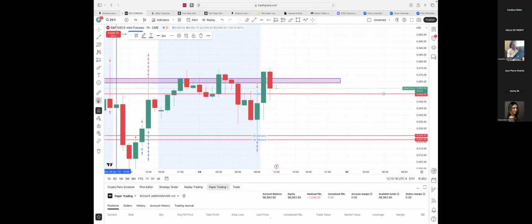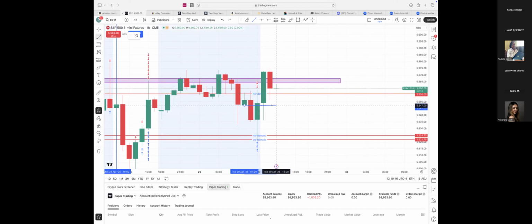Yes, okay. Take your drawing tool. If you use the line, it will put it directly on the open of a candle, directly on the wick of a candle, like the horizontal ray. Yep, that's good. Nadell uses TradingView, so she's got all the TradingView tips. This is the trend line though.